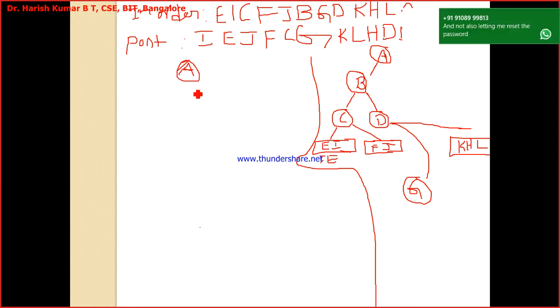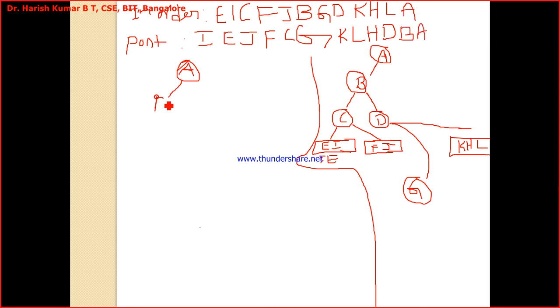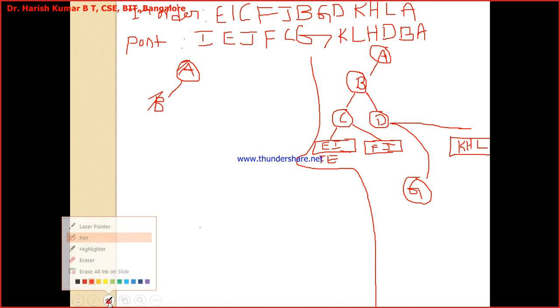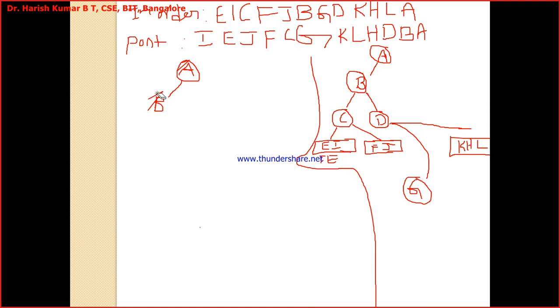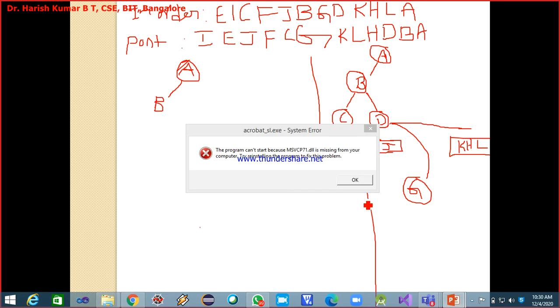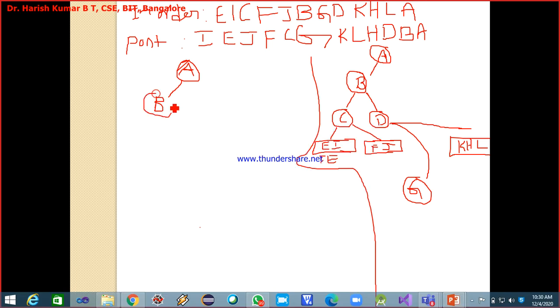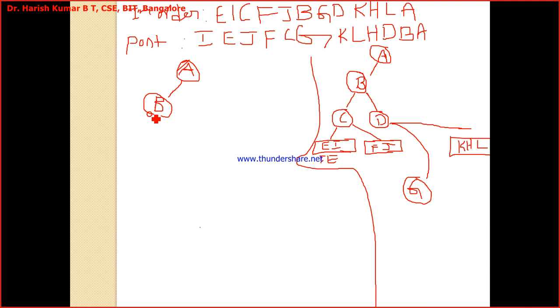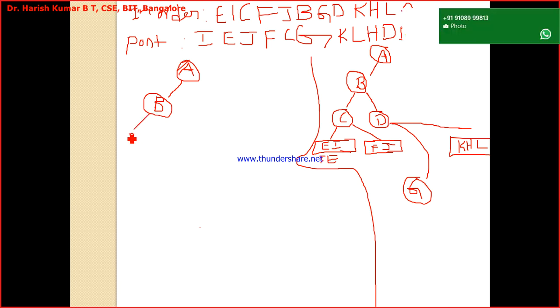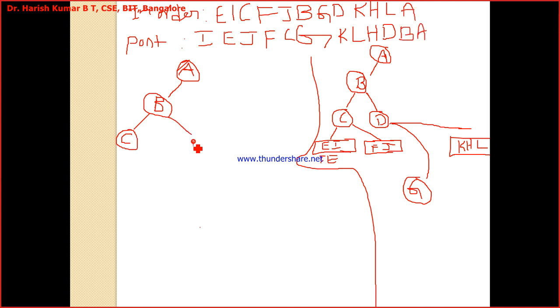Okay, and then we have B as the left child of A. So B, and then the left child of this B is C, and then the right child of B is D. Now the left child of A is E.